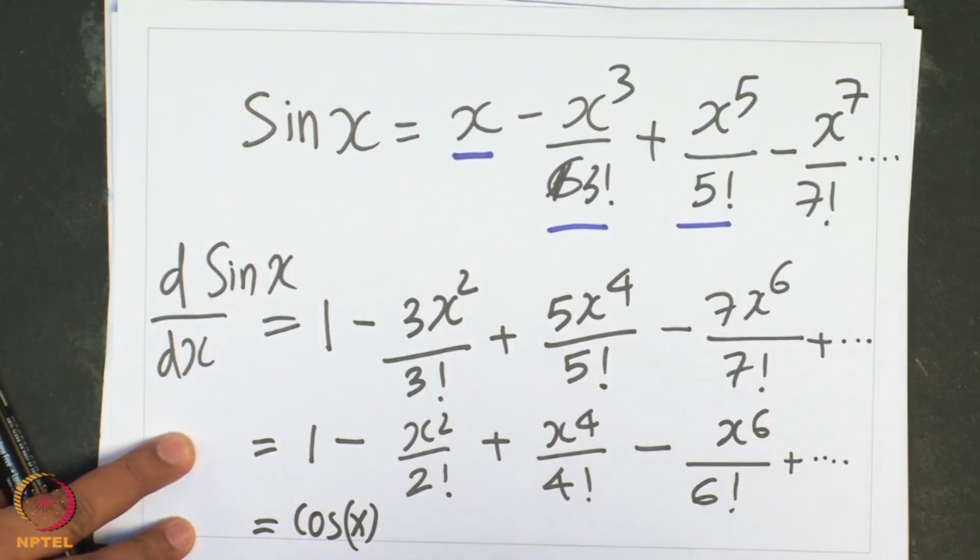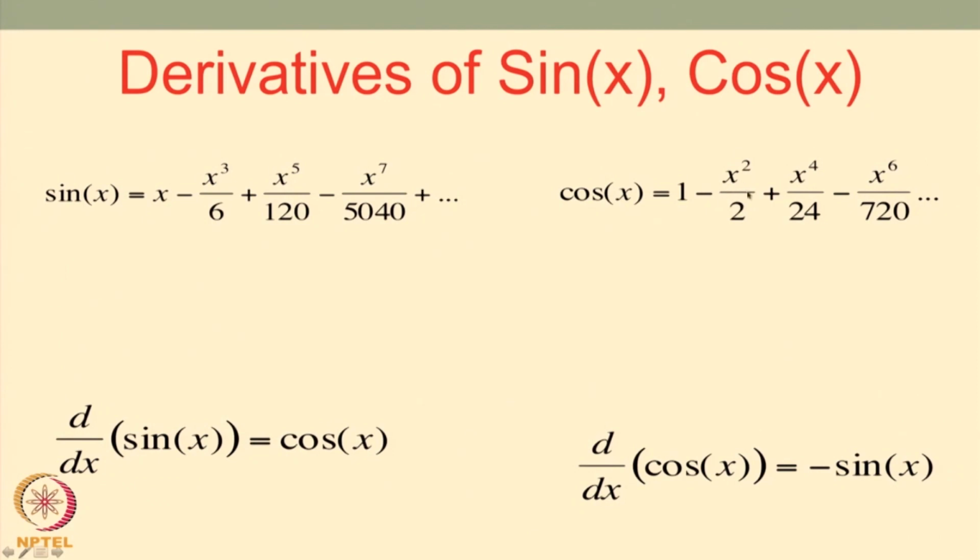As you can see, cos x is 1 minus x square by 2 factorial plus x power 4 by 4 factorial minus x power 6 by 6 factorial, which is 720, and so on and so forth.